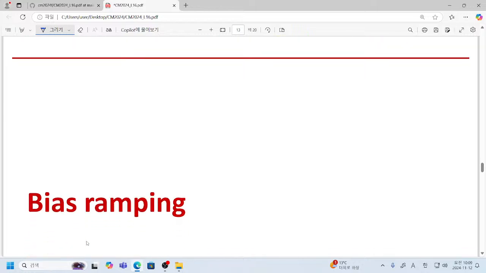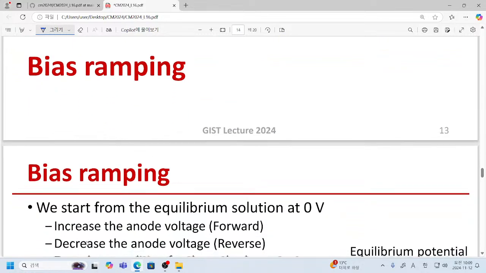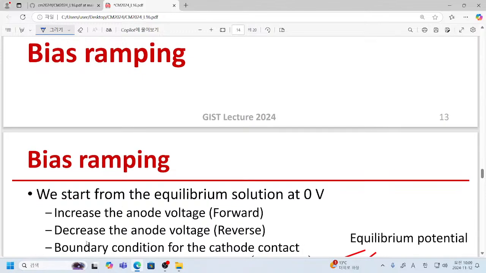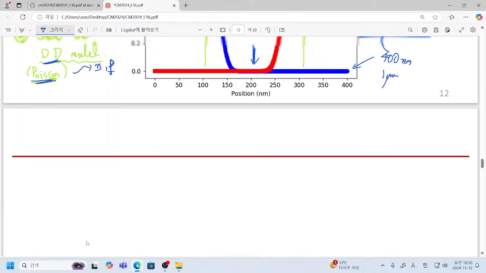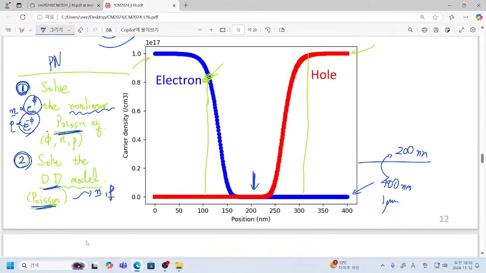Okay, let me quickly cover the remaining one today. By performing this exercise, now you can solve the equilibrium solution. However, the equilibrium solution can be obtained just by solving the nonlinear Poisson equation. Actually, we don't have to solve the full drift diffusion model for the equilibrium case.